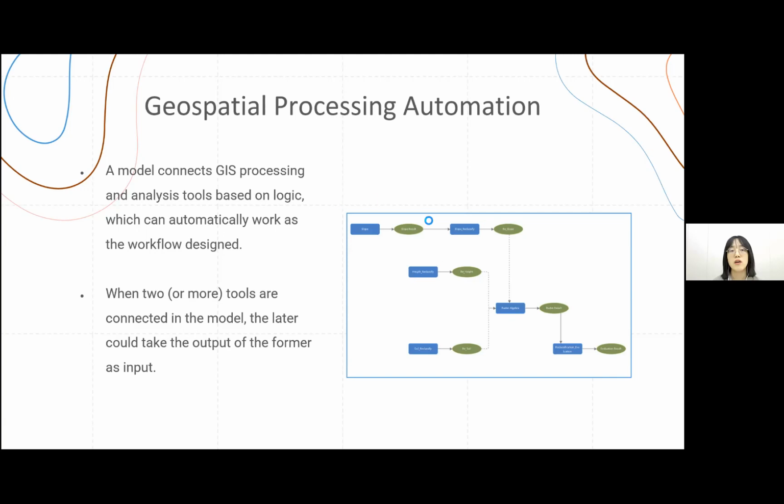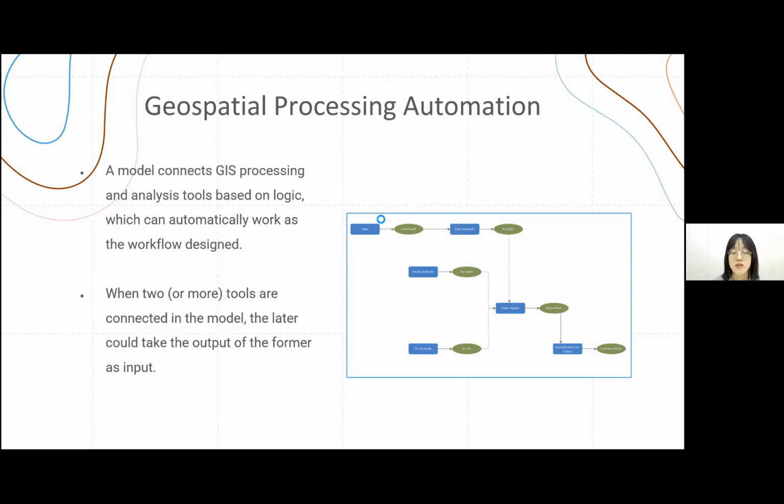In this model, each tool is made up of two parts. First is a blue rectangle, which represents the parameters and input used for that tool.